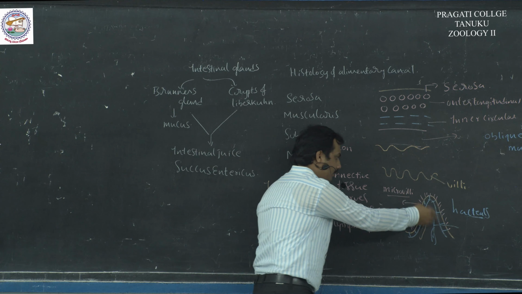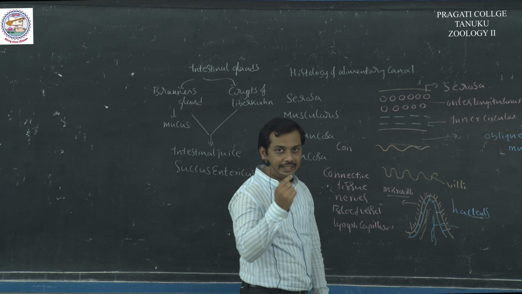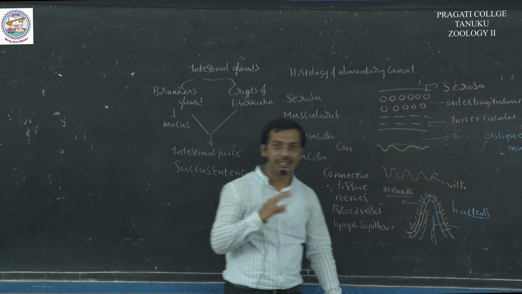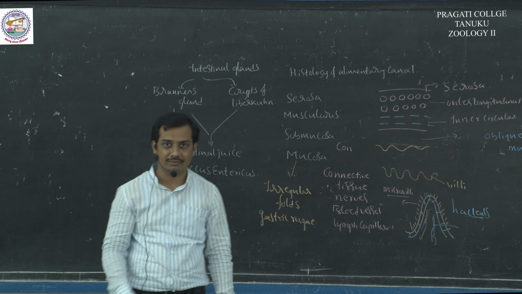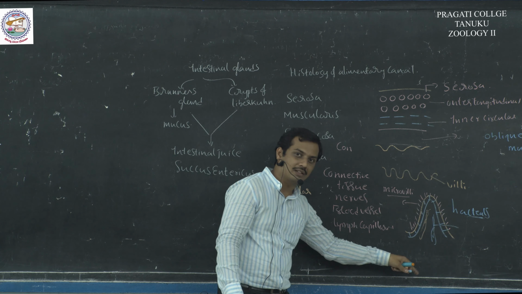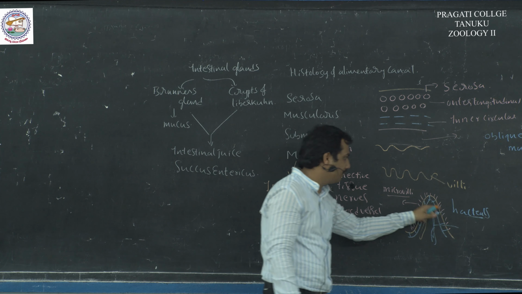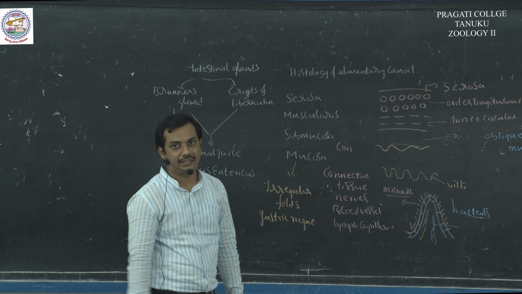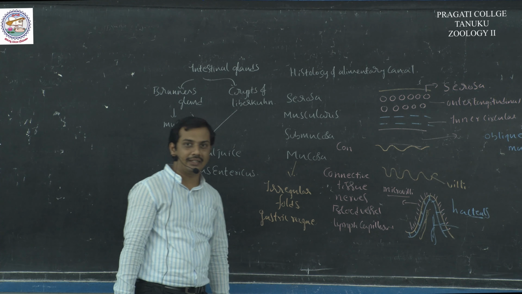So these villi have small hair-like structures called microvilli. This arrangement will increase the surface area of absorption. Inside the villi, we can find the lymph capillaries and the blood vessels. The lymph capillaries present in the villi are called lacteals. So that is regarding the histology of the alimentary canal.